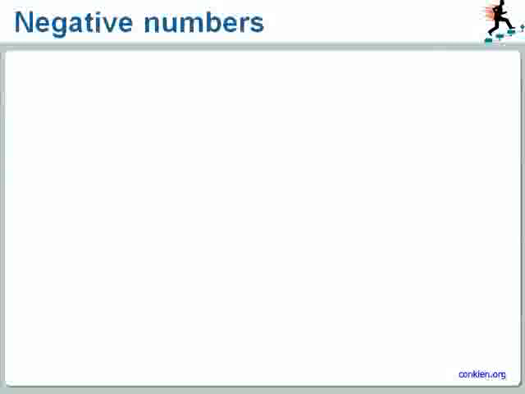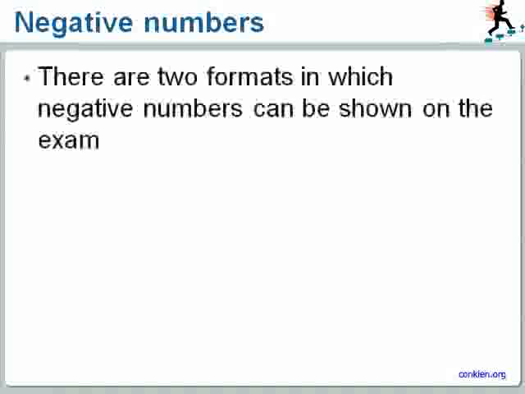To finish it off, I would like to be a little bit negative. In particular, I would like to discuss negative numbers. Yes, numbers that are below 0, because on the exam, as well as in sample questions, you may come across two types of formats in which negative numbers are shown.